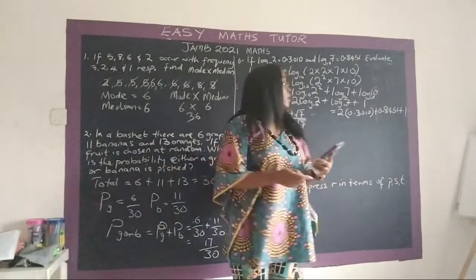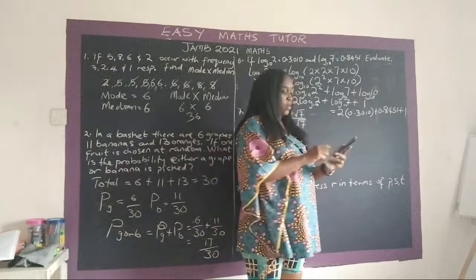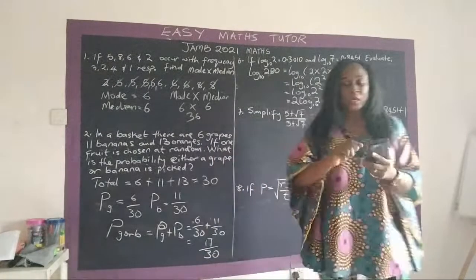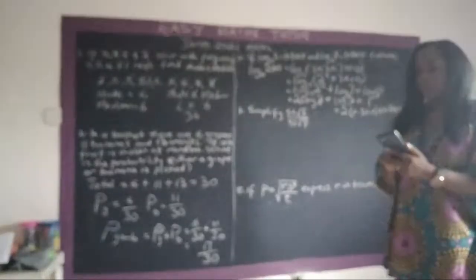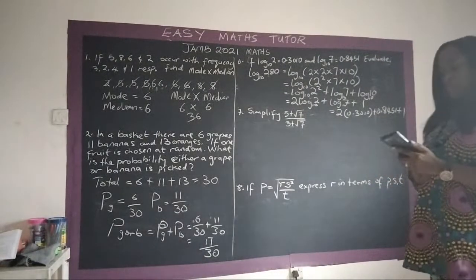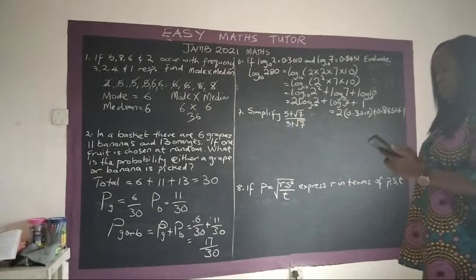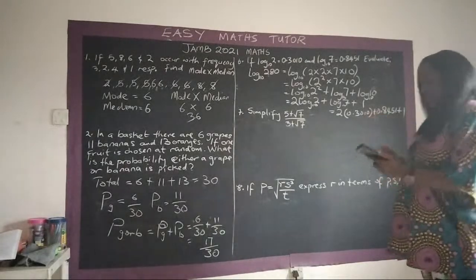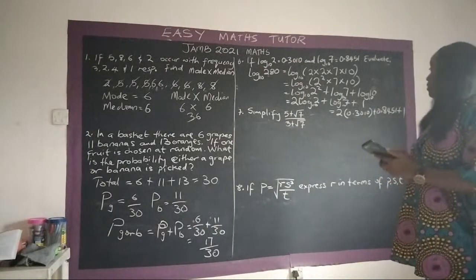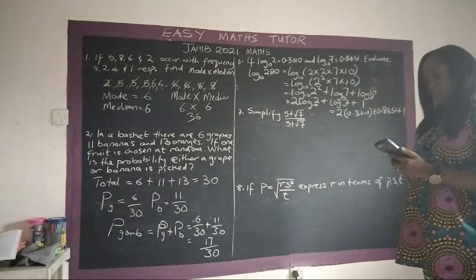If you use a calculator, I'll say 1 plus 0.8451 plus 2 brackets 0.3010.